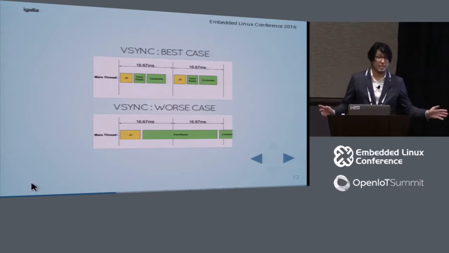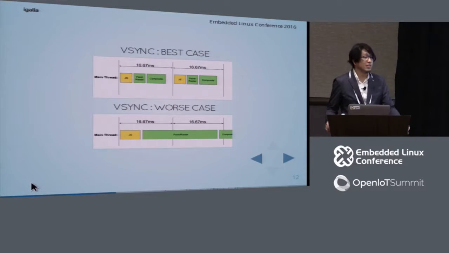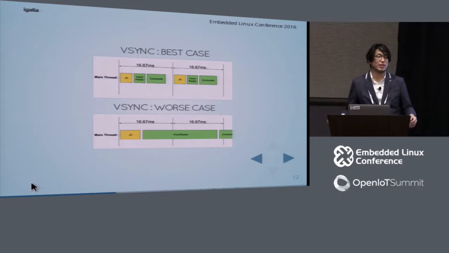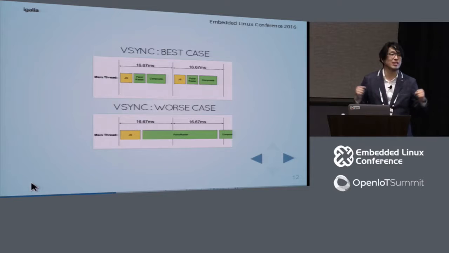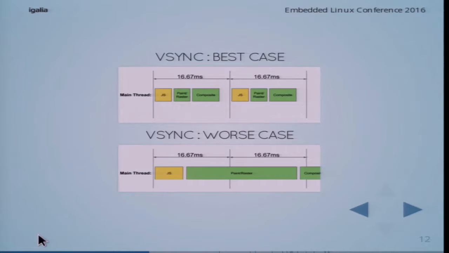So in the best case, if we execute JavaScript really fast and we rasterize everything really fast within 16 milliseconds, there's no problem at all. We will all be happy. But the problem is if other operations exceed the 16 milliseconds, in that case, frames will be hugely dropped.